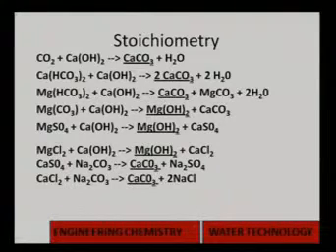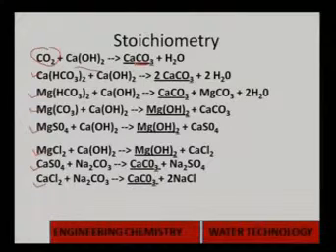You can see over here that lime is reacting with some of the chemicals, namely carbon dioxide, calcium bicarbonate, magnesium bicarbonate, magnesium carbonate, magnesium sulfate, magnesium chloride, calcium sulfate and calcium chloride. And what is the outcome?